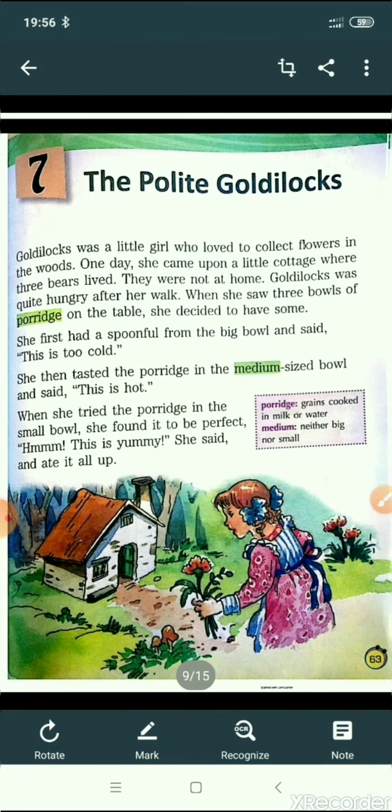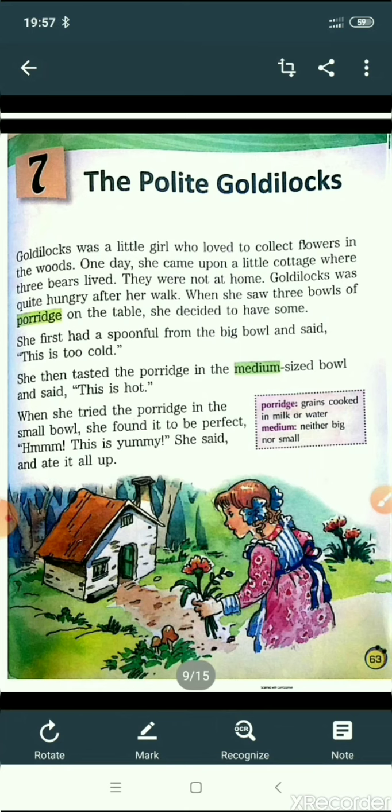Children, in this chapter, there was a girl named Goldilocks, and she loved collecting flowers in the jungle, in the woods. One day, while she was collecting flowers, she came upon a little cottage. That cottage belonged to three bears.